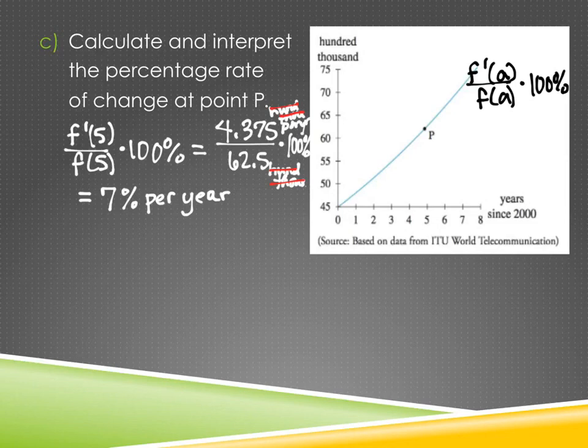Now, we need to do an interpretation, and then we're finished with this one. It says we're supposed to interpret the percentage rate of change at point P. So, interpretations: when, what, how, and by how much. Always the same. So what's the when? In 2005.